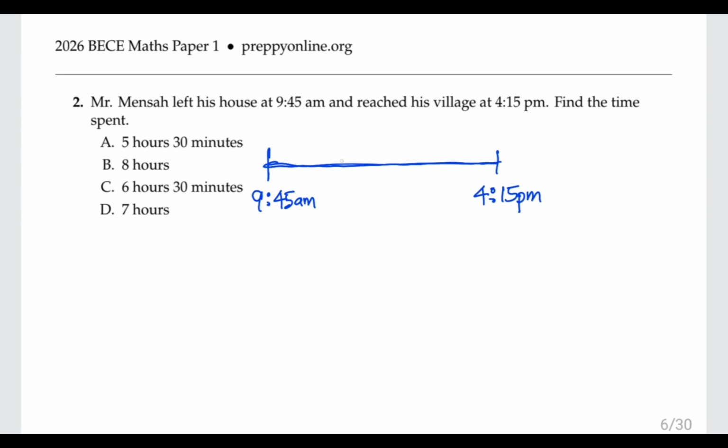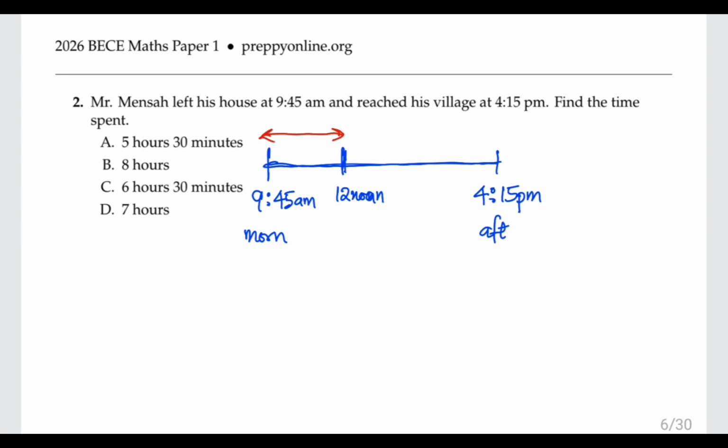Because the journey started in the morning and ended in the afternoon, I like to look at some point in the middle of the journey, not exactly the middle, but some point in the middle, like 12 o'clock, and then look at the time before 12 o'clock.